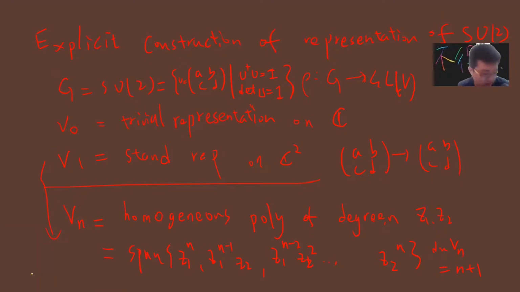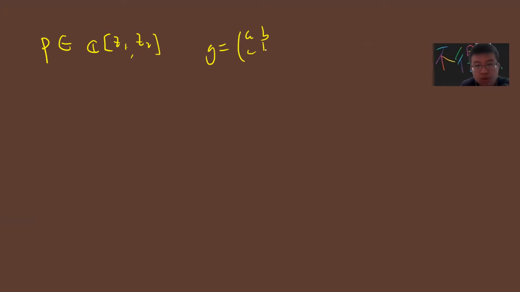Given any polynomial p belonging to Vn, the homogeneous polynomials in z1, z2 of degree n, and G equal to a b c d, you take a group element from SU2, and then you define the action of G on p(z).